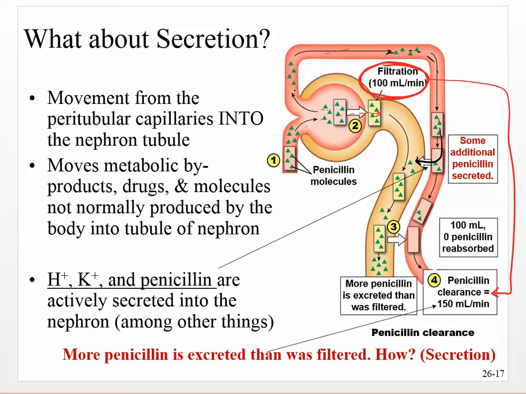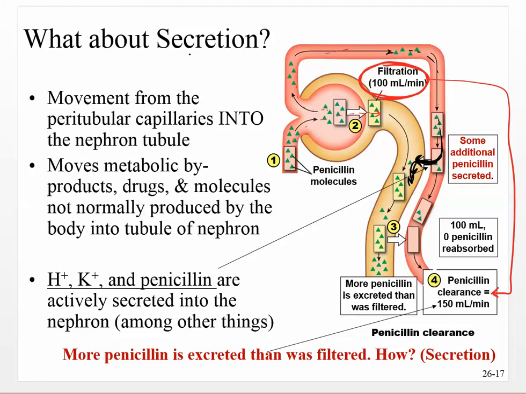So this penicillin thinks it got away and wasn't going to be excreted, but then there's a pump here that says, nope, you're going in. So it adds it to it. So here's the 100, but there's the other 50. It's moving right in, right through here. And that's what secretion does.